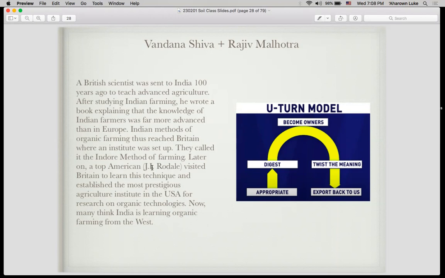I'm not fully sure, but this is something like what happened. So there was one way that farming was done in Europe that was brought to the United States. There were Indian methods that were brought back to England, and some of those were brought into America and started to question the traditional organic approach.